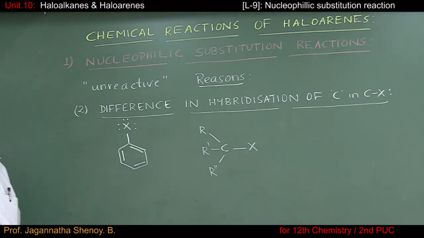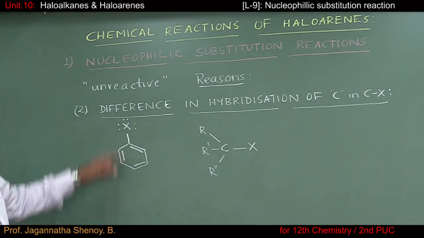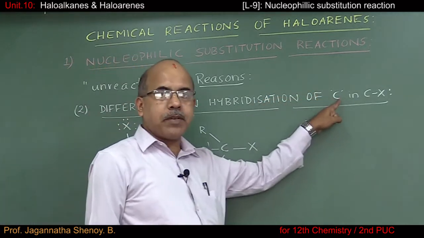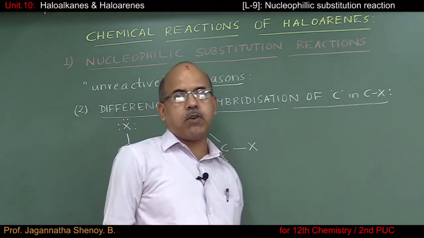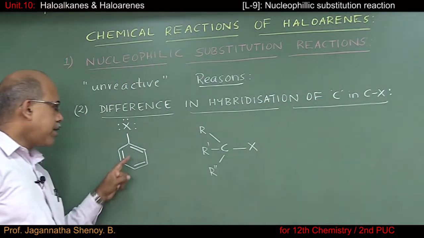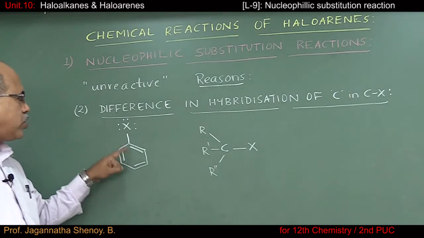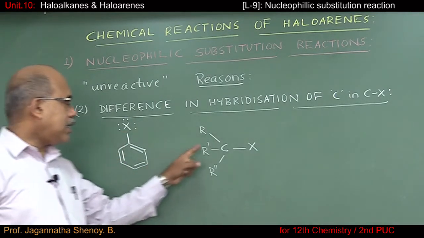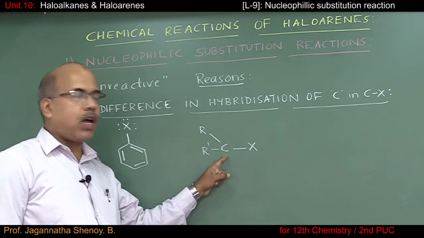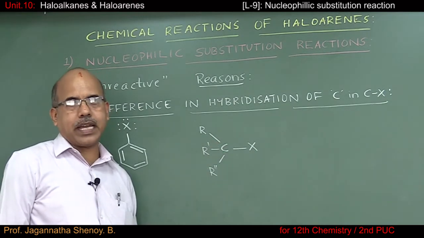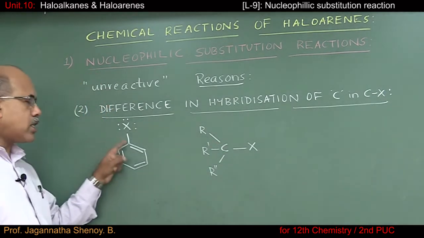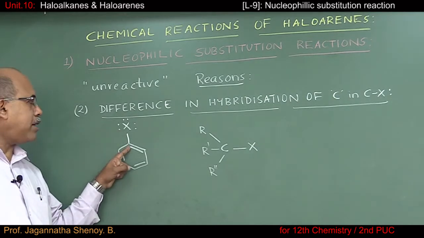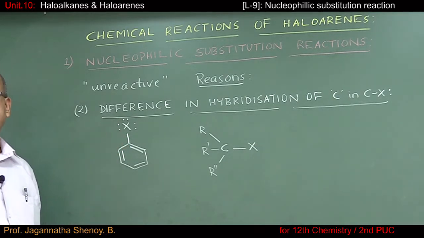The second reason we are going to consider is difference in hybridization of carbon atom in C-X bond. Here I have represented the general formula of haloarene, and this is the general formula of a haloalkane. Let's just concentrate on the type of hybridization of carbon atom in C-X bond.